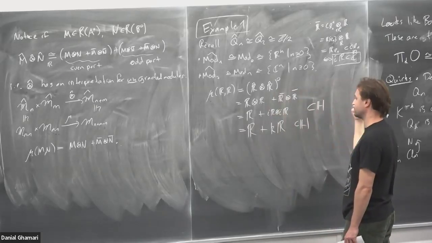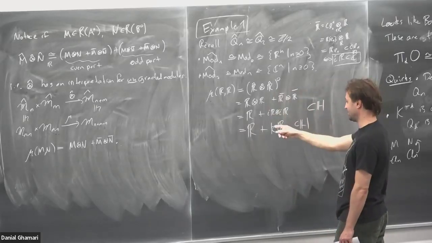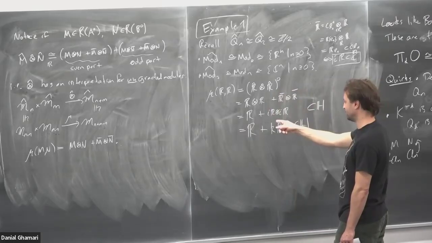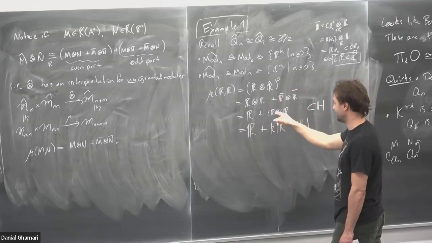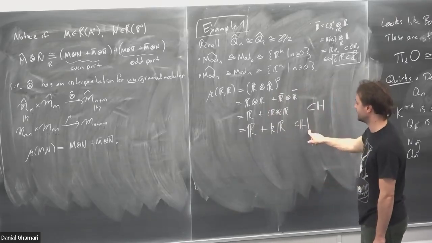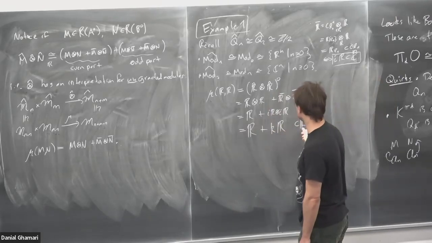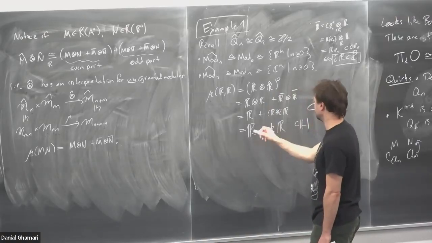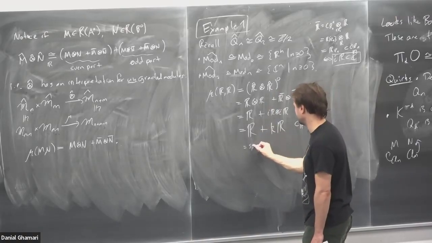In fact, when you trace through all of the isomorphisms and work this out in the notes, and we'll post the notes at some point, this state iR tensor iR actually corresponds to i times R inside of H. So the even subalgebra of H is just the span of 1 and i.